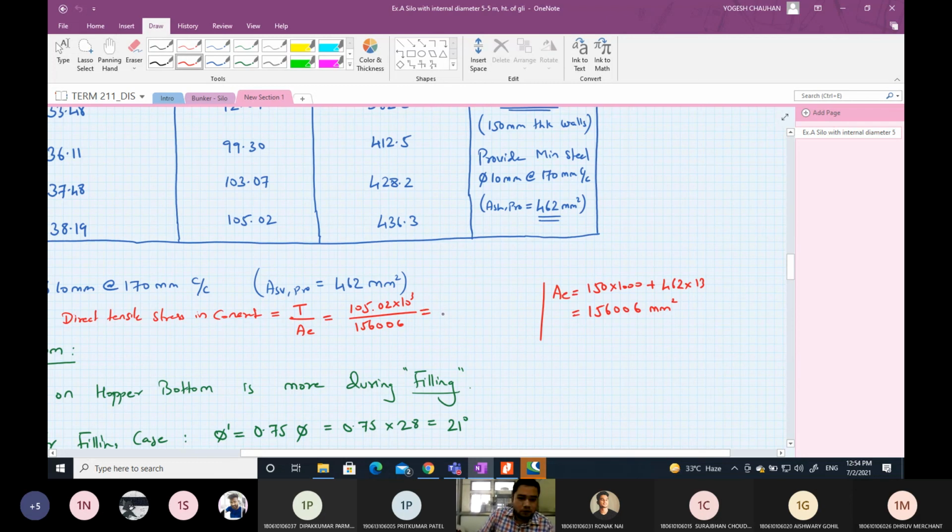So this is 0.673 Newton per mm square. Again, this value is less than sigma CT allowable of 2.8 Newton per mm square. So it is okay.